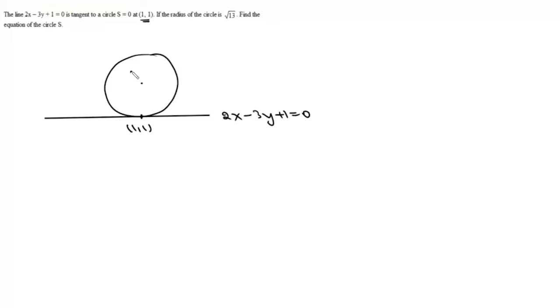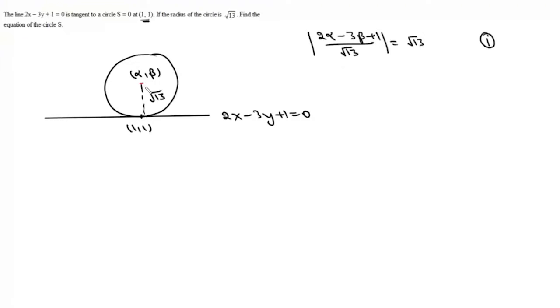Now let the center be alpha beta and its radius is root 13. Now we know that the perpendicular distance from the center to a tangent is equal to its radius. So we can write mod of 2 alpha minus 3 beta plus 1 upon under root 13 will be equal to simply under root 13, and this is our first equation.